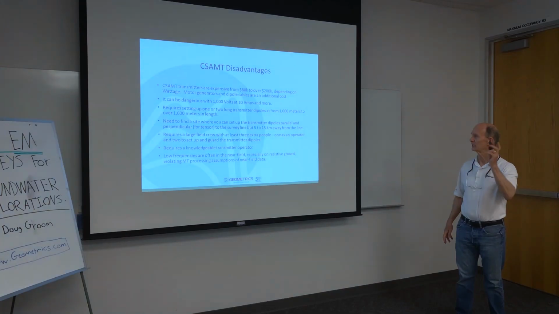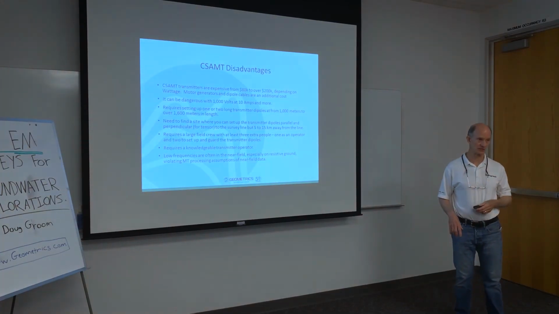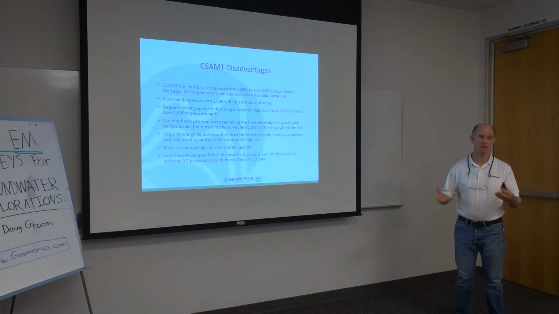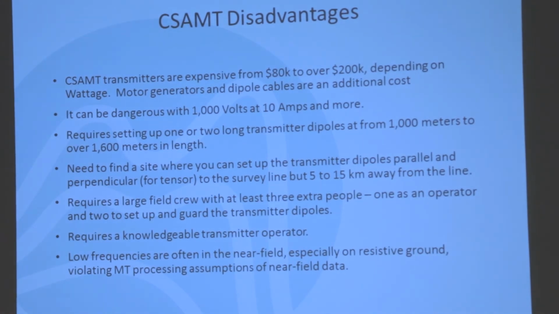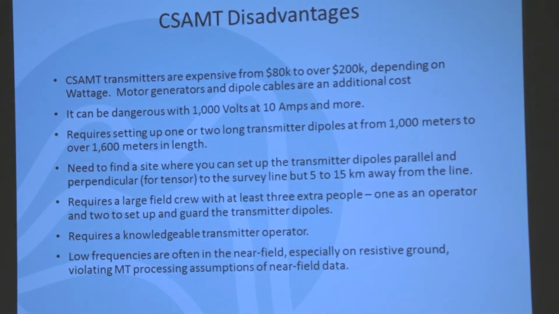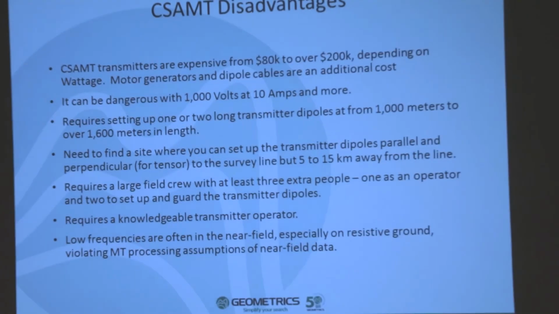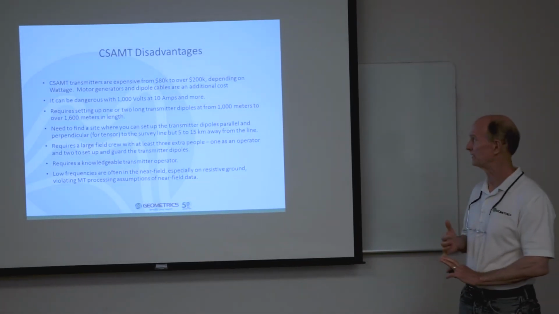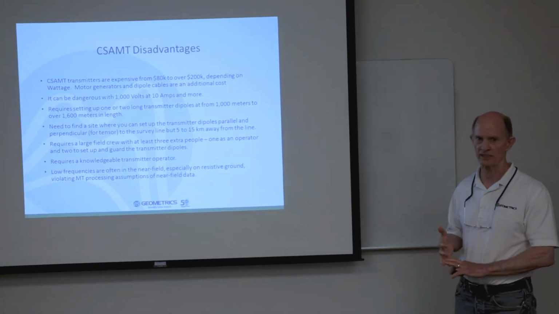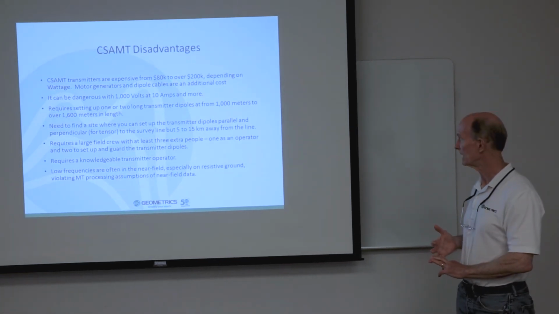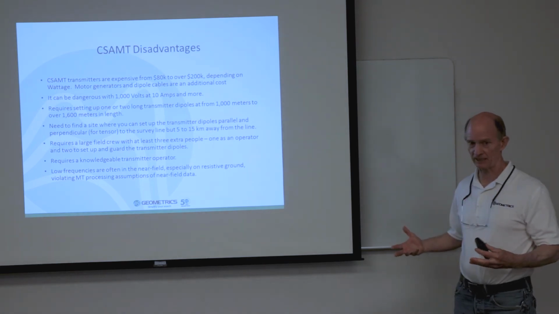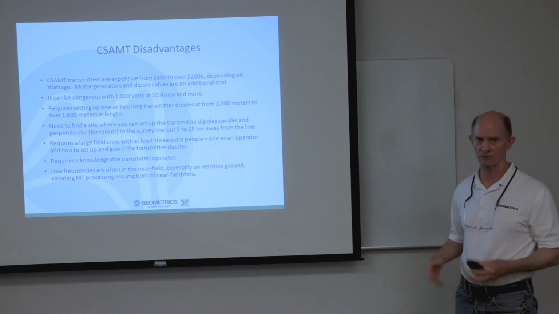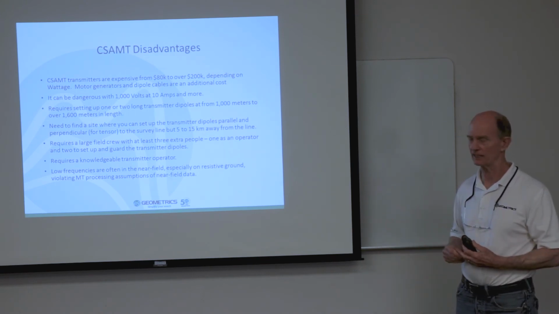However, there are disadvantages of CSAMT. The transmitters are expensive. You can easily spend well over $100,000 only for the transmitter. They can be dangerous. You need a very knowledgeable operator because we're putting 1,000 volts into the ground at 10, 20, 30 amps. Typically, these transmitters will have a very large dipole, anywhere from 1 kilometer to 2 kilometers in length.